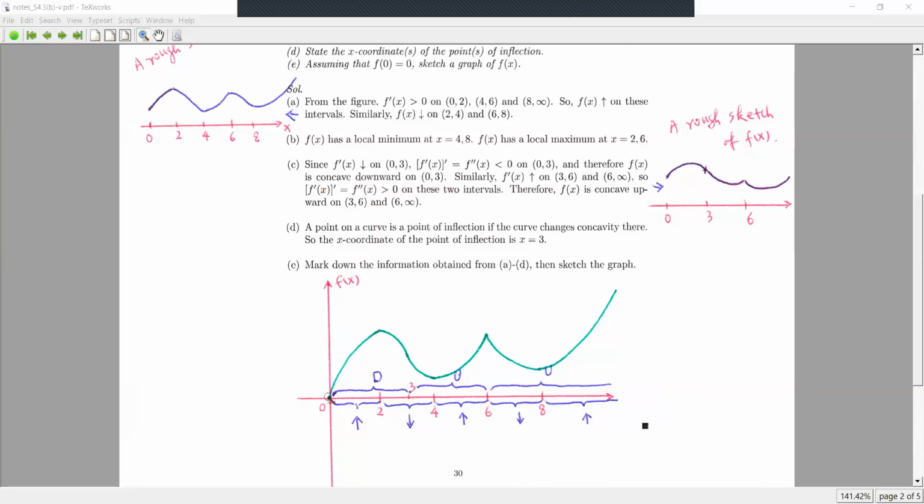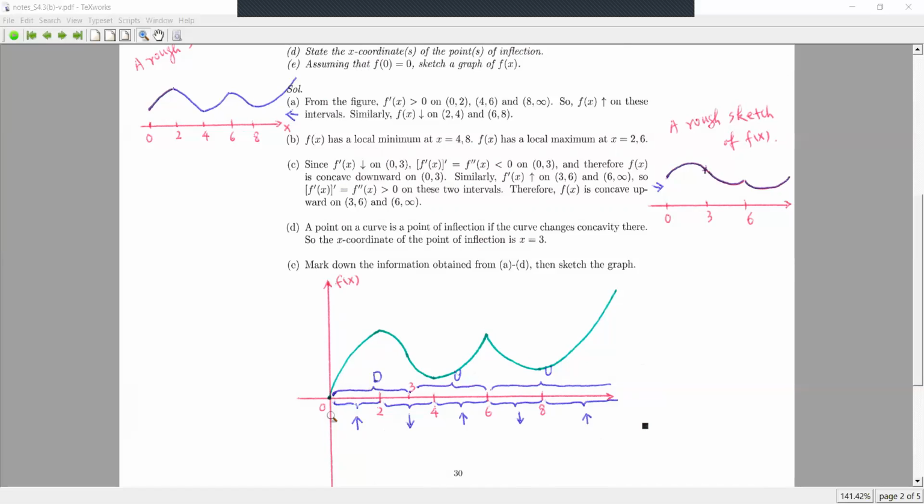Starting from the origin, because we assume that the function passes through the origin, I sketch the graph of the function f piece by piece.